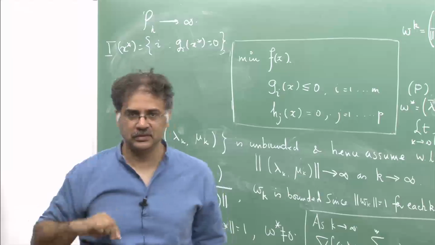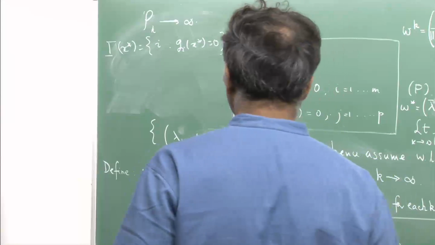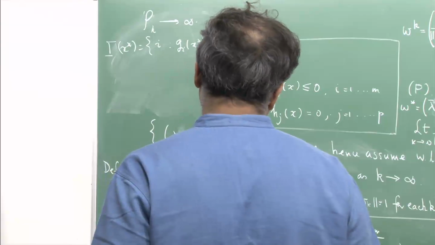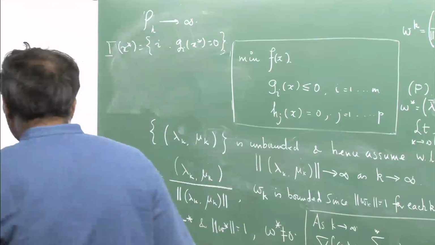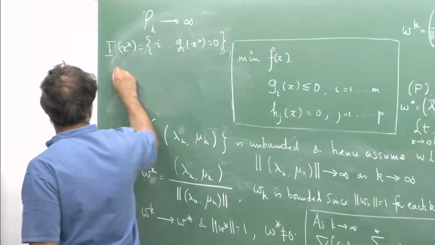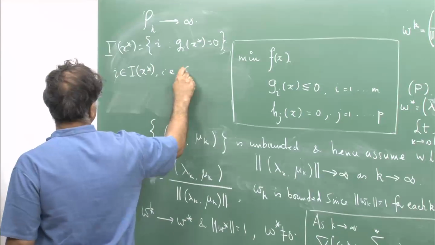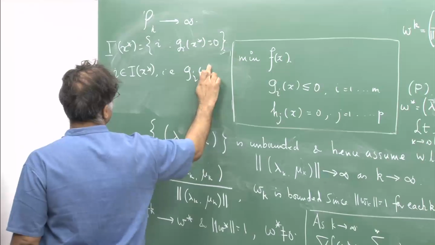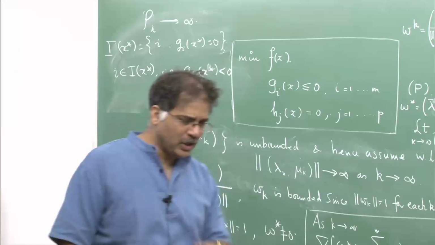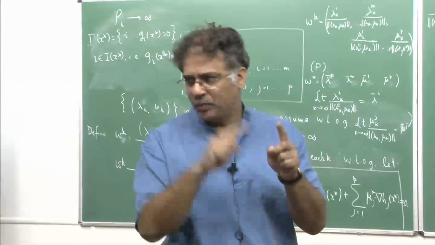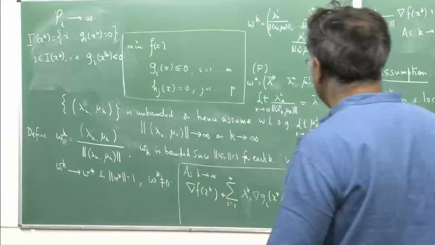If I know this fact, then let i not be an element of I(x star), that is, G_i(x star) is strictly less than 0. Then around x bar, by continuity of the G_i's, there is a ball, and in that ball for all x, G_i(x) would be strictly less than 0.